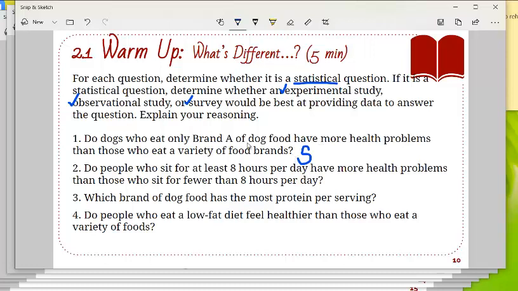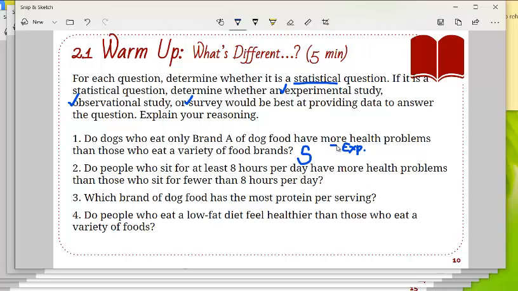And then to ask the second part, is this an experiment, an observation, or a survey to answer this question? We can actually do this a couple different ways. We could very much set up an experiment that would answer this question. We could have a control group that ate only dog food A, and a group that has multiple varieties of dog food.